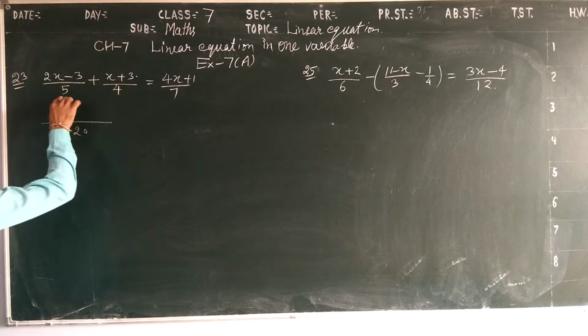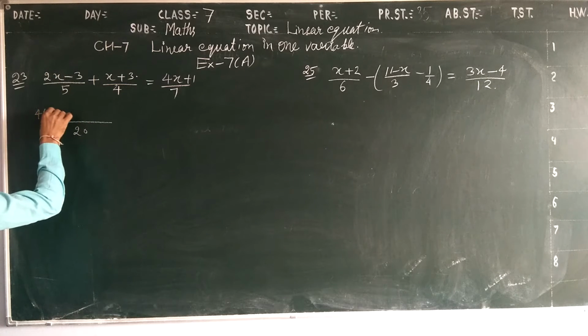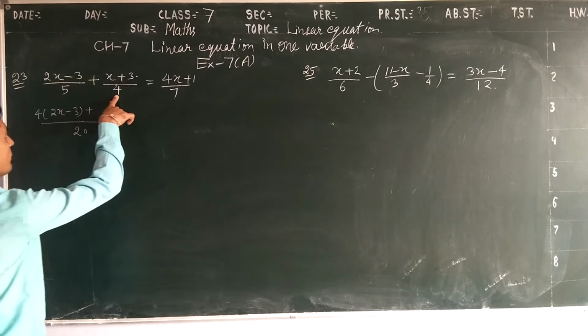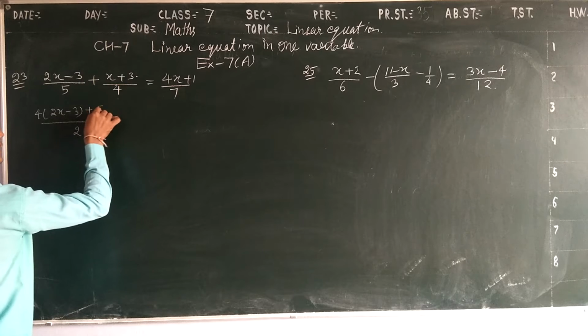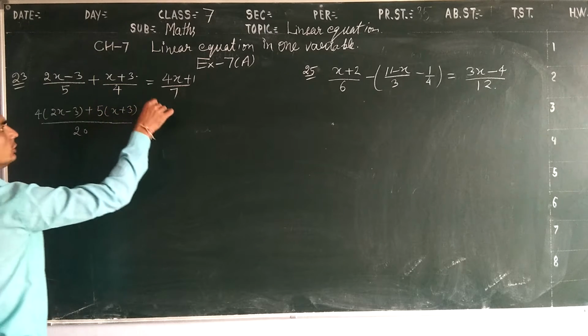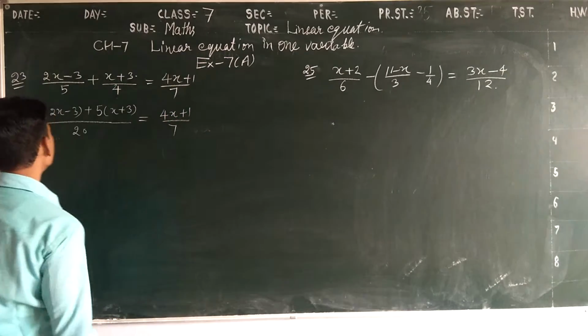You know very well 5 4s are 20, so multiply by 4 (2x minus 3) as it is, plus 4 5s are 20, so multiply by 5 (x plus 3) as it is, equals 4x plus 1 upon 7.